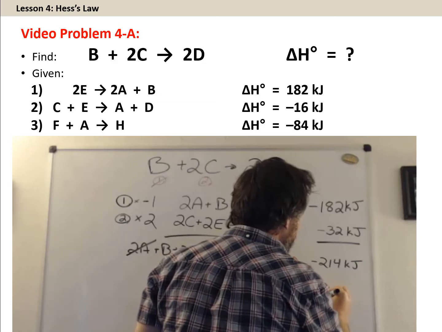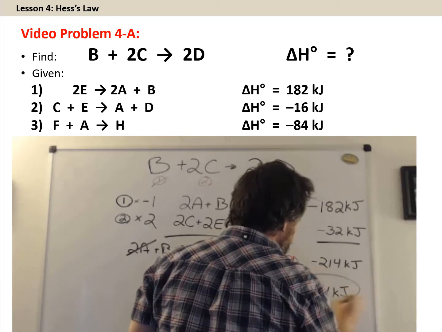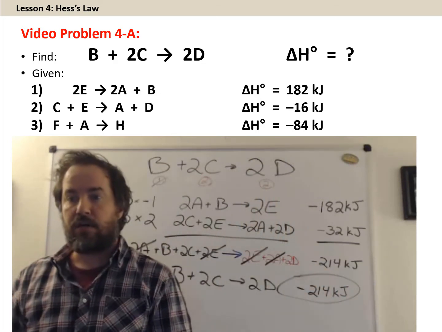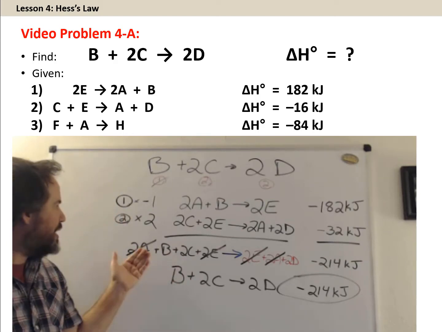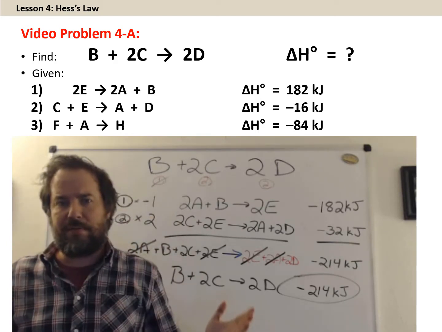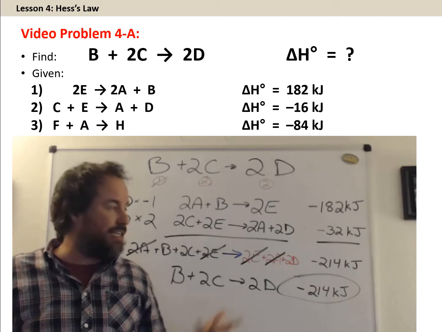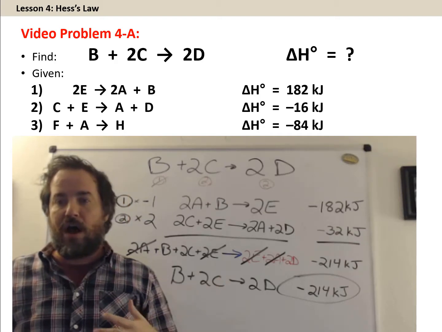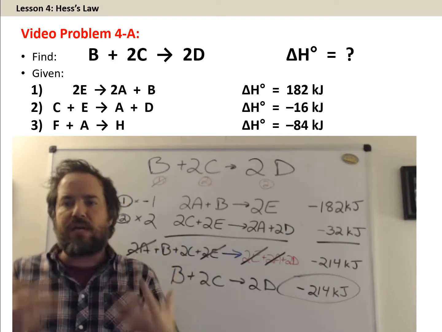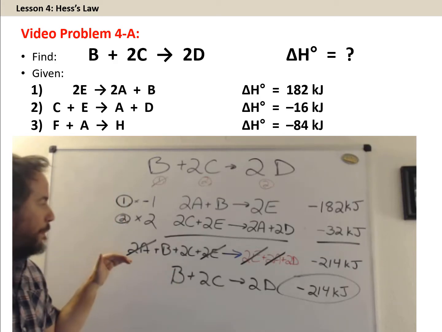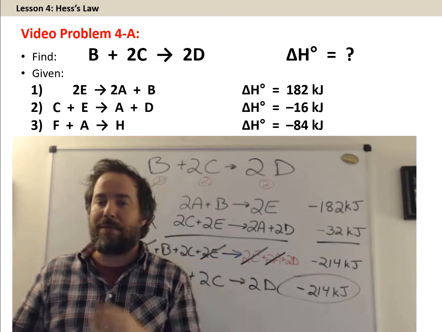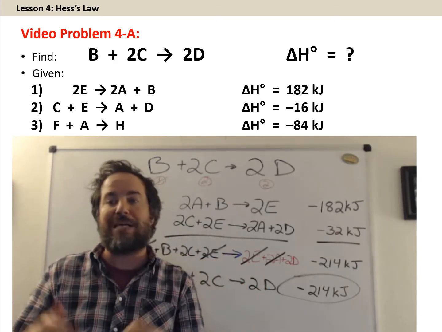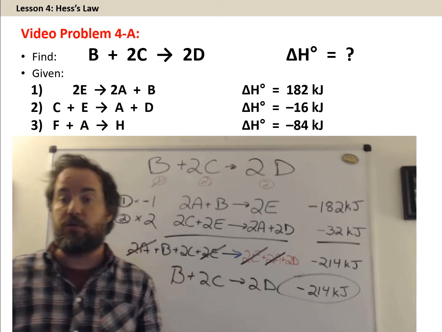So negative 214 kilojoules is my right answer. Now, notice I didn't have to use equation 3. Equation 3 is what we can call a red herring, something that we're not going to use. And that sometimes happens. Just because we're given information doesn't mean we have to use it.